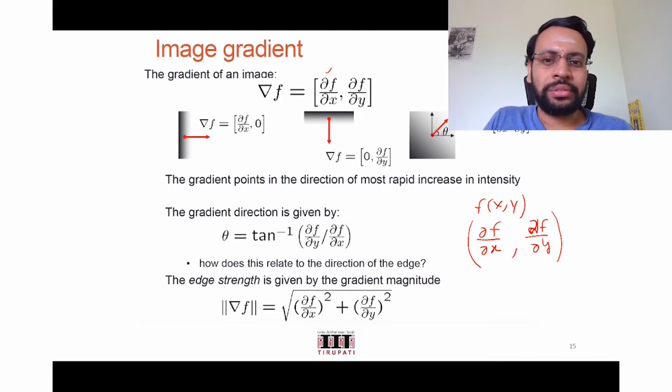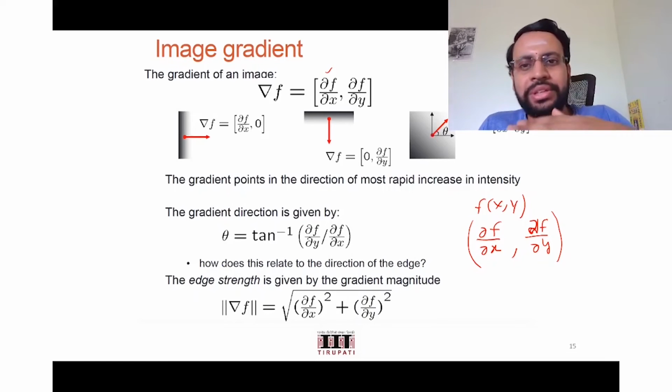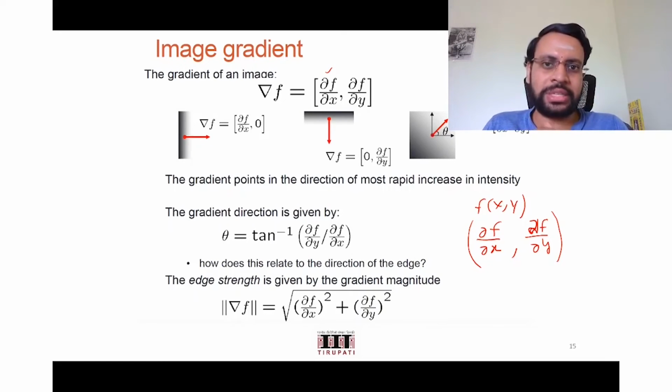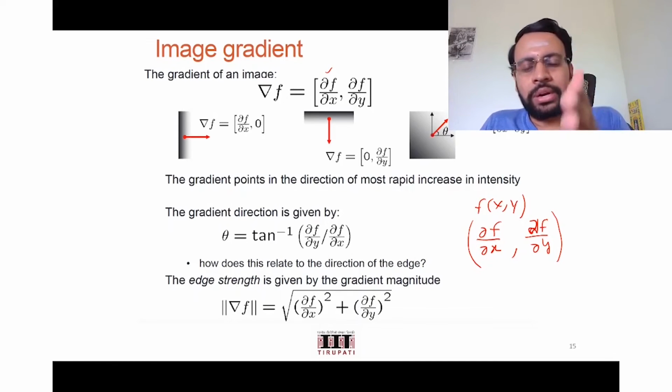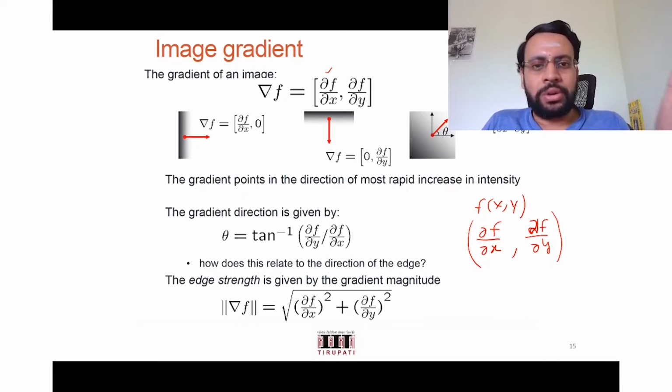The vector containing ∂f/∂x and ∂f/∂y is what you refer to as the gradient. And of course, if you have a 3D image, in case of medical images, then you could have a 3D gradient. You will simply add one more term to your vector: ∂f/∂x, ∂f/∂y, and ∂f/∂z.